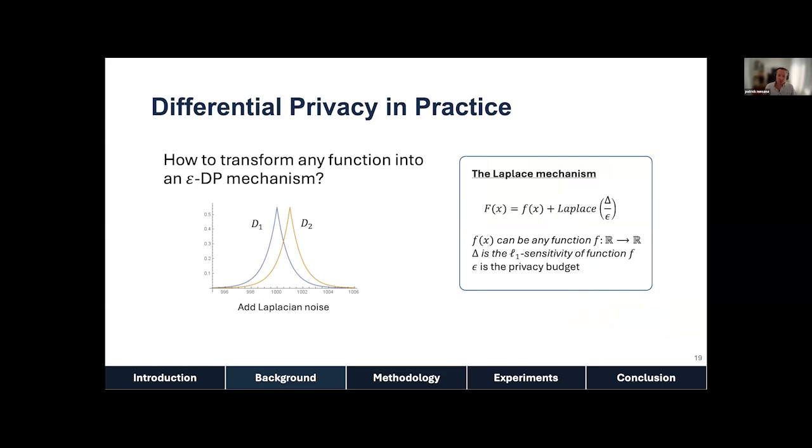You would first compute the average income, that would be f of x, and you would add some noise using a distribution, here the Laplace distribution, parameterized by the sensitivity of the function, which is actually the maximum leave-one-out value that I explained earlier, divided by epsilon, which is the privacy budget. And this way you build a mechanism that is epsilon differentially private.